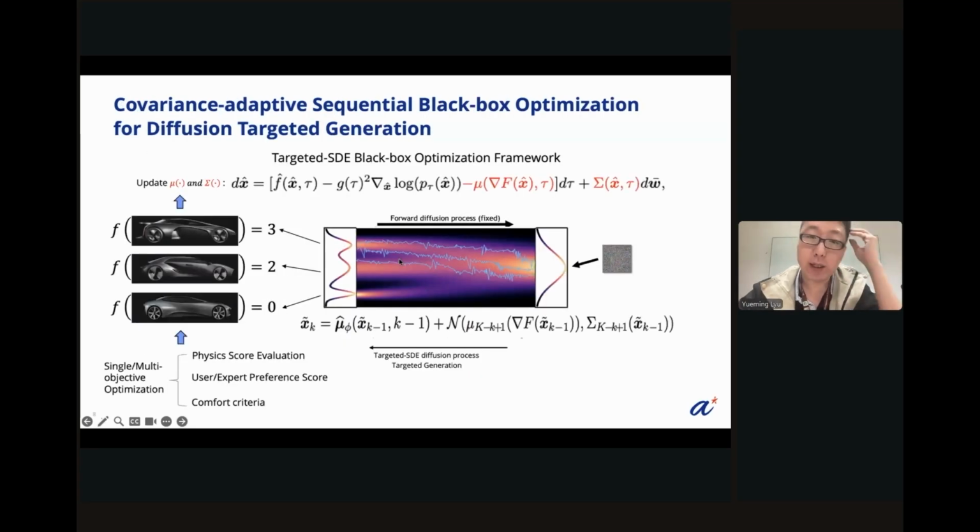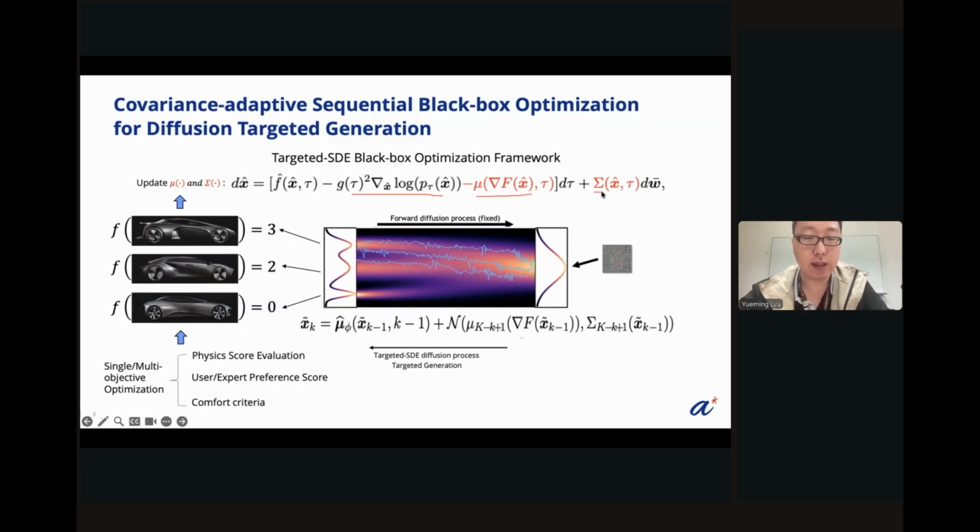Now we can plug our algorithm into the diffusion model to perform diffusion model target generation. In diffusion models, we have the forward SDE and backward SDE. For pre-trained diffusion models, we have a fixed score function approximated using a neural network. Now we add new parameters: the drift term mu and the covariance term sigma.